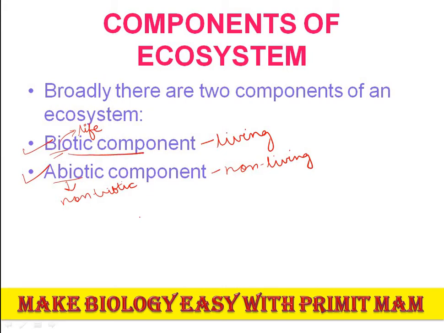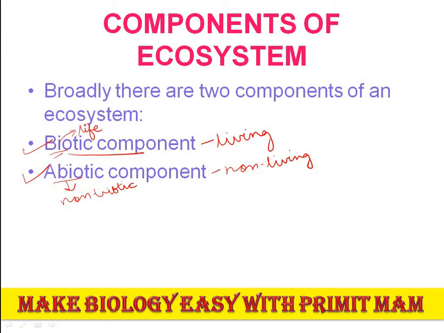These biotic components are further classified based on their food habit, based on their behavior. Example, forest ecosystems. Biotic components are animals, birds, insects.